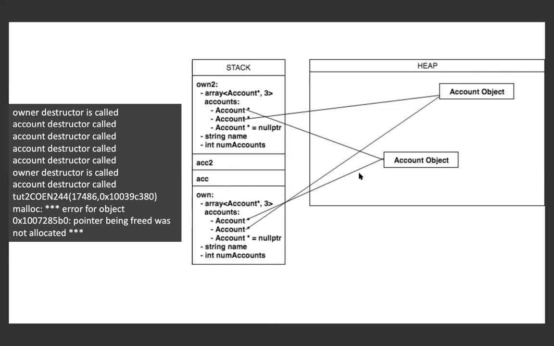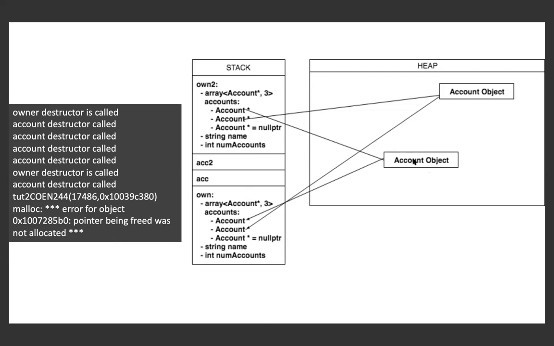It will try to go to the address here and destroy this object, but this object was already destroyed by owner 2 when it was destroyed. So there's nothing here to delete. And this is why we're getting the error that the pointer you're trying to free was not allocated. There's nothing here to free, and you're getting an error.